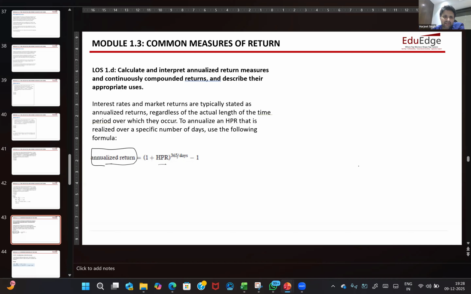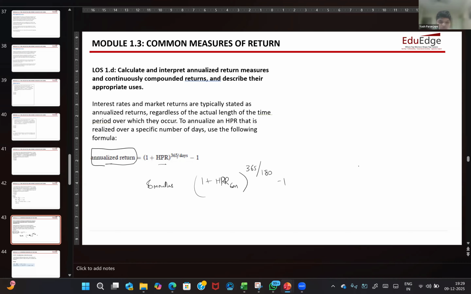For instance, if it were 6 months, whatever HPR you calculate for 6 months, raise it by 365 divided by 180, minus 1. Basically, you're just doubling the rate.